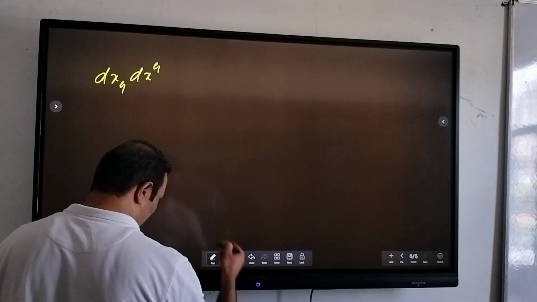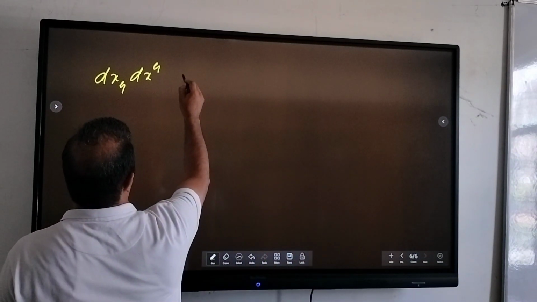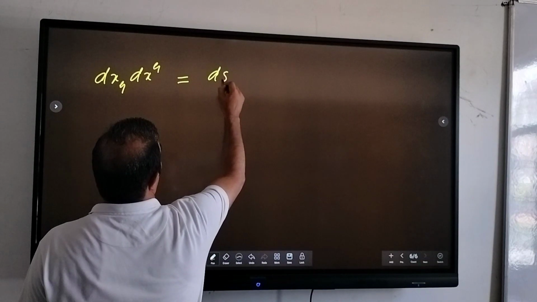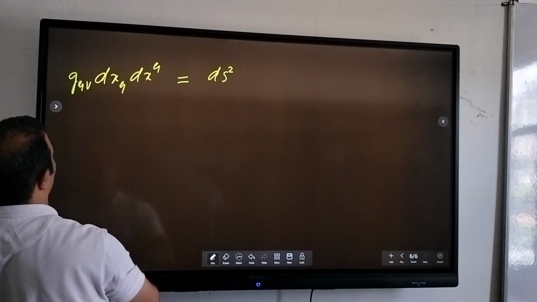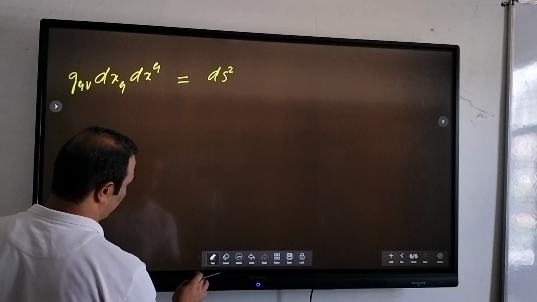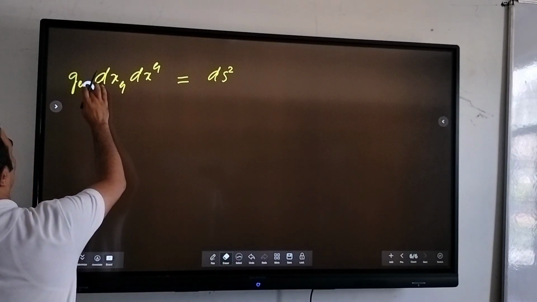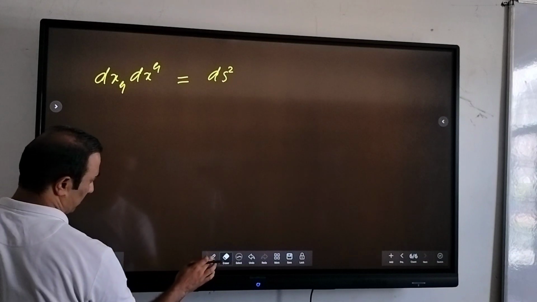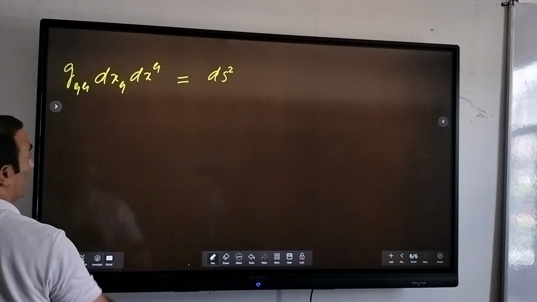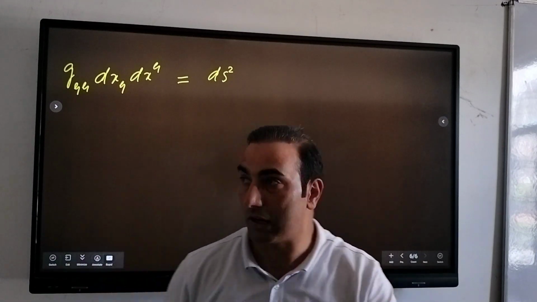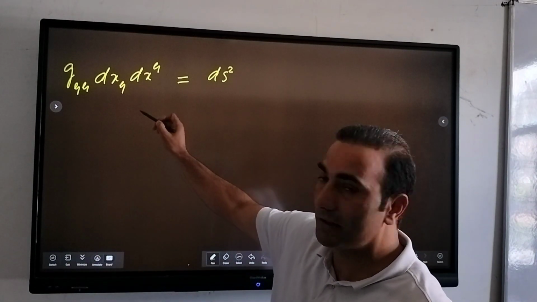Because okay, I will show you that, because we have that ds square equal to this, right? Sorry. So many times we have used this expression, that ds square can be written this way, right?